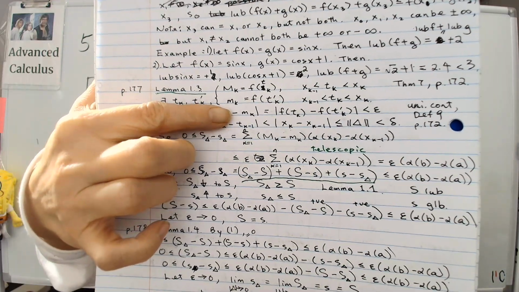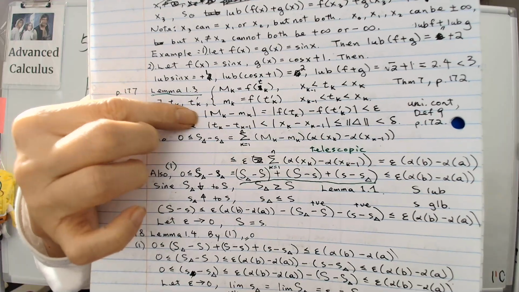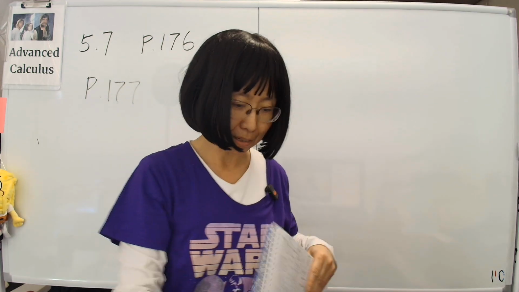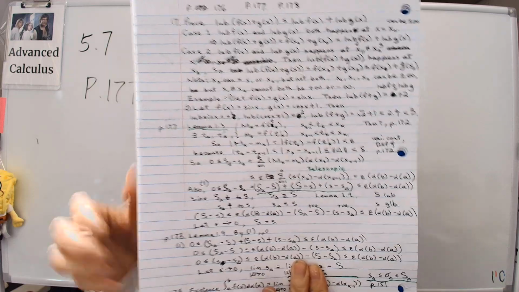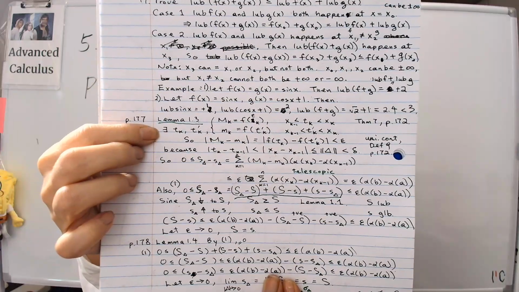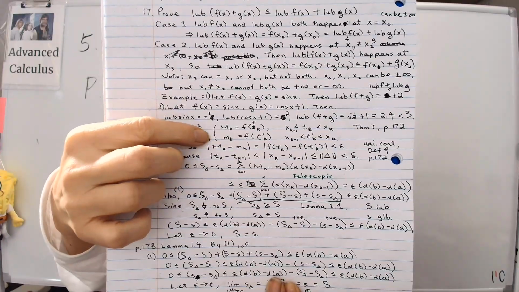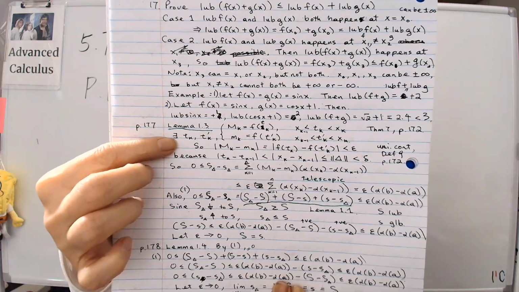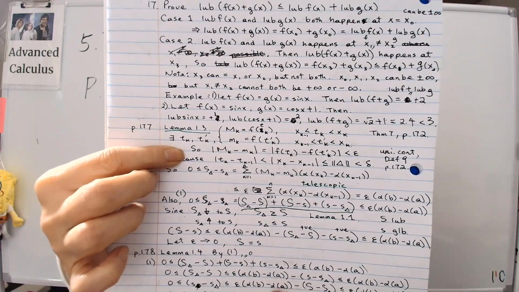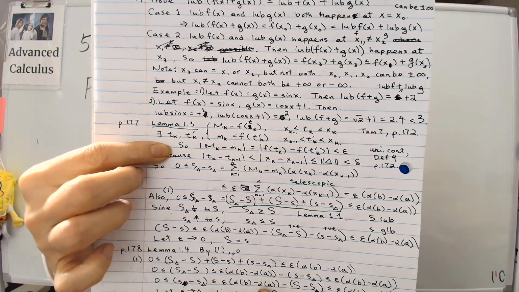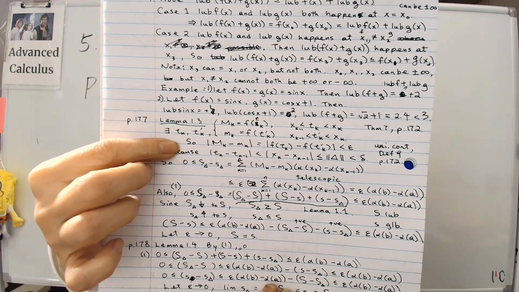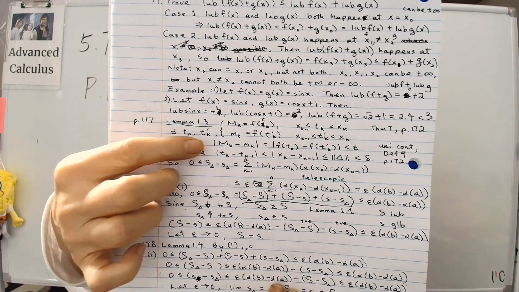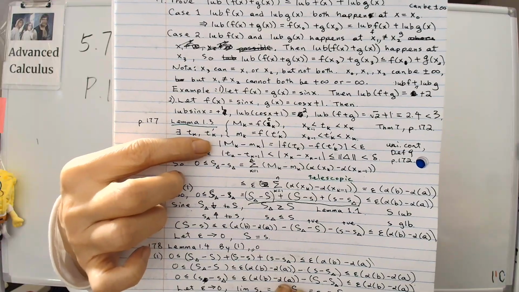Similarly, let small mk equal f of t prime k, where t prime k is also within that range, where f achieves the minimum within that little range. So we have big M and small m. As a result, big M minus small m is the same as f of tk minus f of tk prime. And being that tk and tk prime are within delta, then f is going to be within epsilon by uniform continuity, and therefore big Mk minus small mk is less than epsilon.